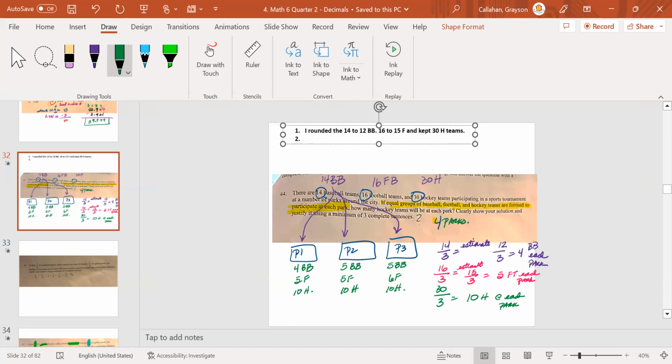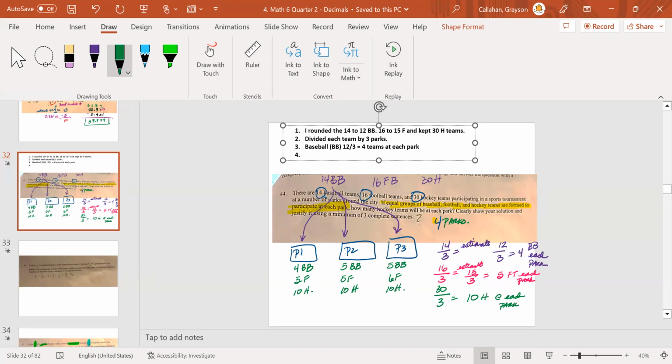And then you went ahead and divided each team by 3 parts, right? And then your answer was that you had, this was for baseball, 12 divided by 3 equals 4 teams at each park, right?